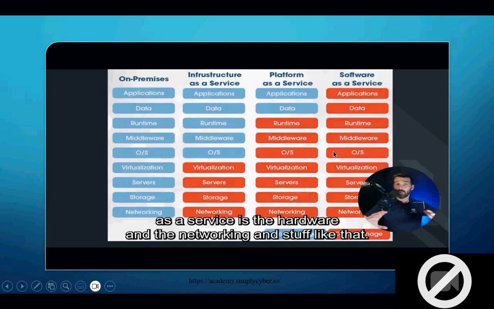Everything is managed by the cloud service providers. And this is you without cloud computing. So all of this is on your network. Basically you have all of this in your company.